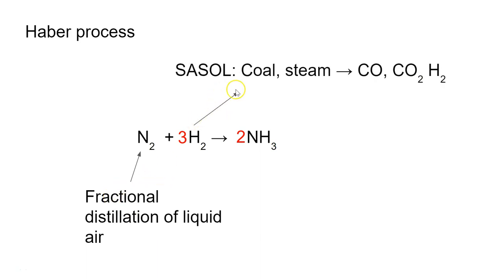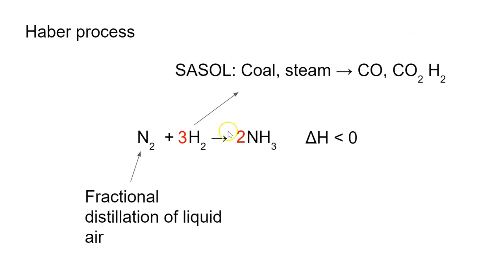Hydrogen is prepared at Sasol using coal and steam to produce carbon monoxide, carbon dioxide, as well as hydrogen gas. In the Haber process, they combine these 2 gases to give us ammonia. This reaction is an example of an exothermic reaction. This means that heat is given off by this reaction. And if you remember Le Chatelier's principle, you'll remember that an exothermic reaction will produce the best yield at a very low temperature.